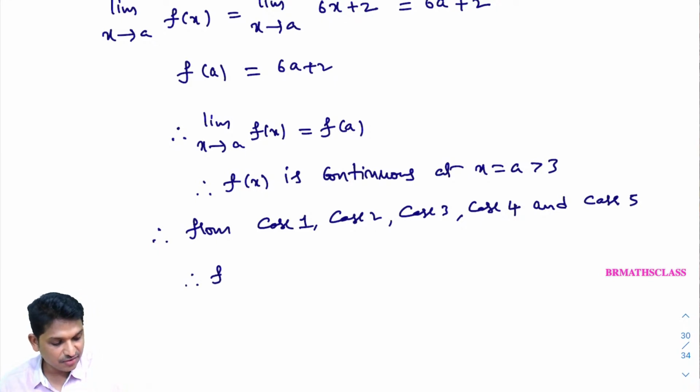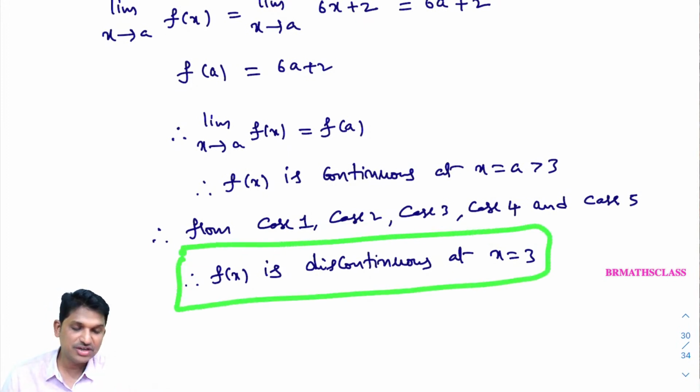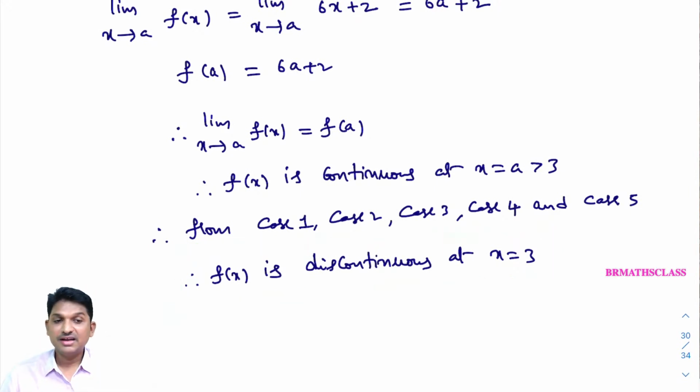I can say that f of x is discontinuous at x equal to 3. Only one point of discontinuity we got. At all the remaining points, this function is continuous. So they are asking to find points of discontinuity. I came to know that this function is discontinuous at x equal to 3. Remaining all places it is continuous. Okay, right.